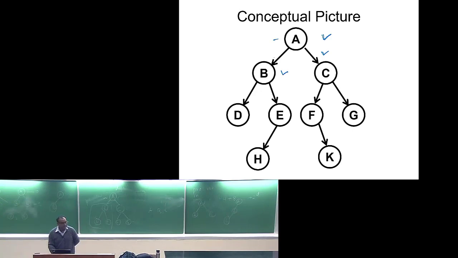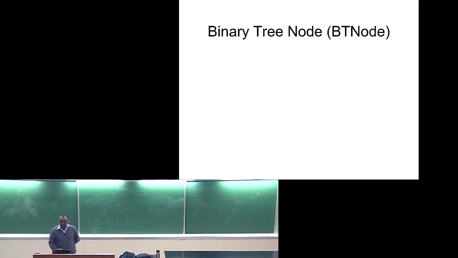All right, questions? If not, then let's look at the node. For any linked list implementation or variant, we need to think about the class that would define the node. So let's think about the class which will define the node for this tree.